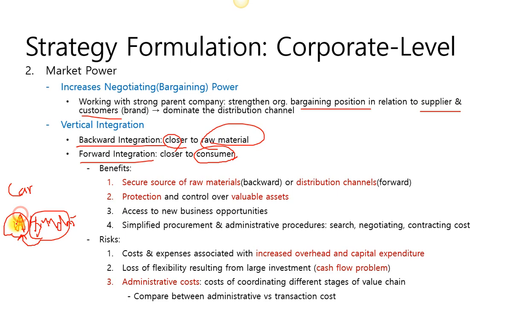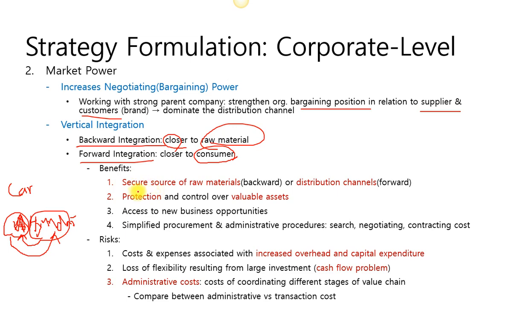Whereas if this A company that sells automobile parts decides to buy Hyundai, it's forward integration because it's going closer to the consumer. Usually when corporates decide which companies to buy in related diversification, it's either backward or forward integration.